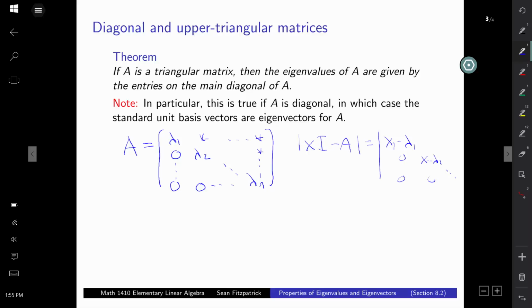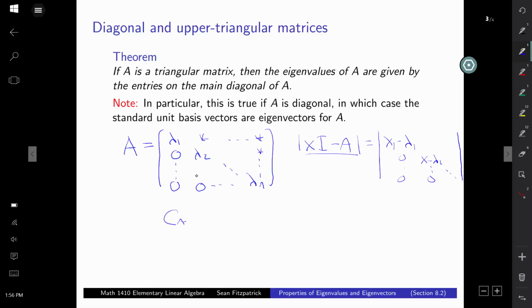All these other guys are still zeros, and we know that this is a difference of two upper triangular matrices, so it's still going to be upper triangular. And we know that you determine the determinant of an upper triangular matrix by simply multiplying down the diagonal, right?